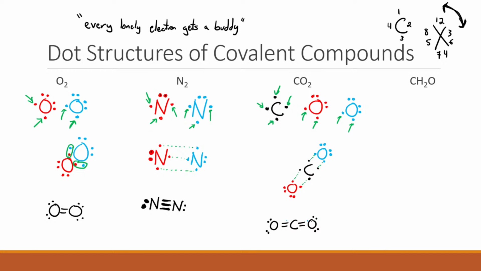The carbon also has 8 electrons, 2, 4, 6, 8. And that makes every atom of this bunch stable and completes our compound.